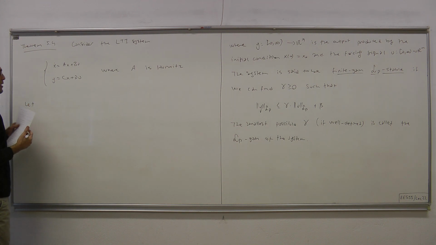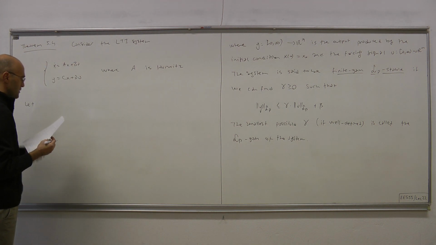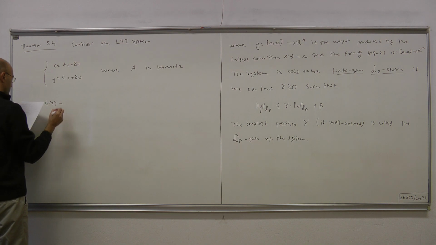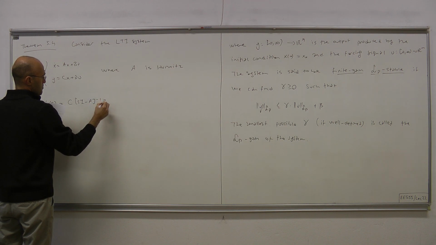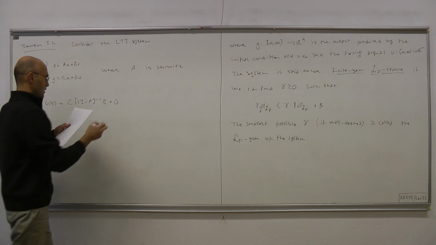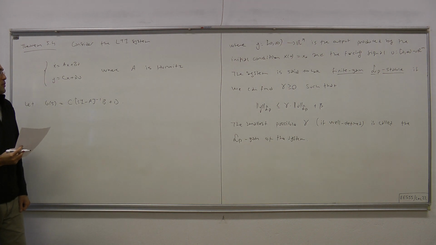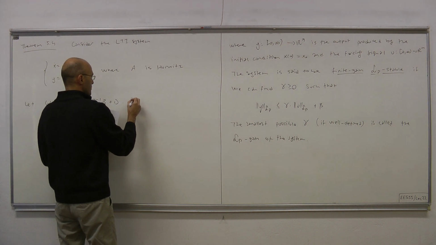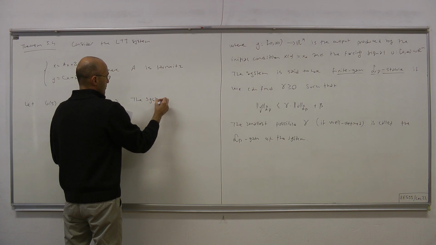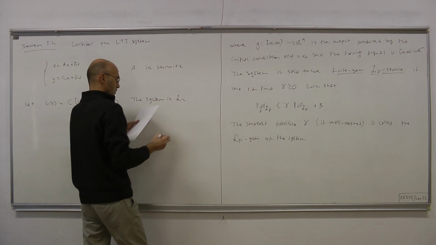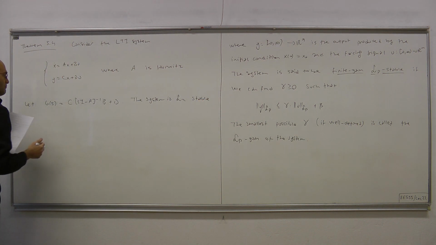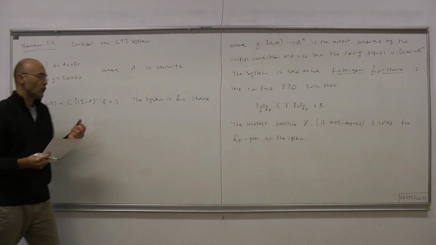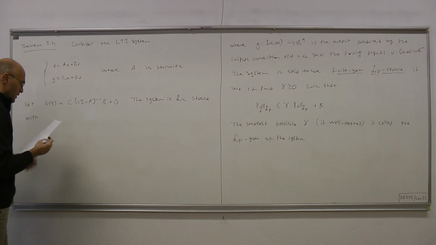And let's construct the transfer function for this system, G of s equals C (sI minus A) inverse B plus D, the transfer function matrix of the system. The system is L2 stable, with L2 gain that can be directly computed from the transfer function.